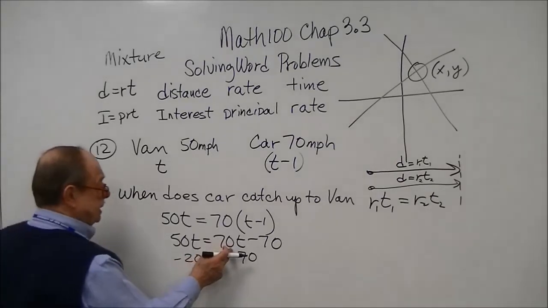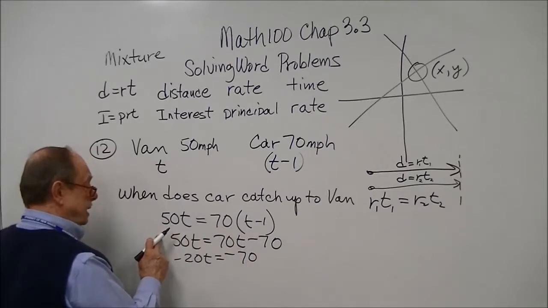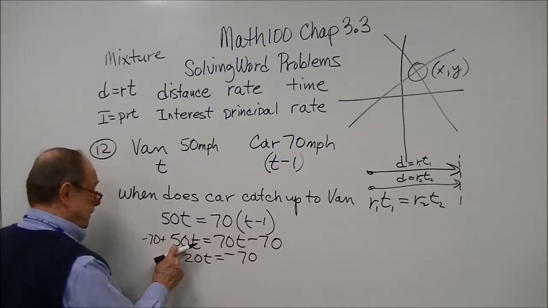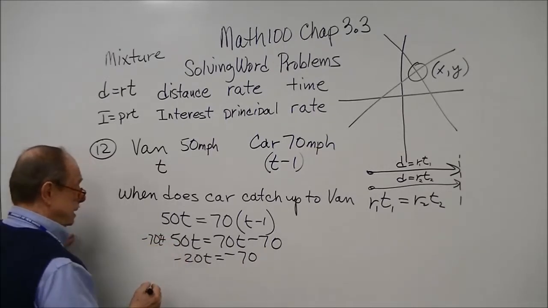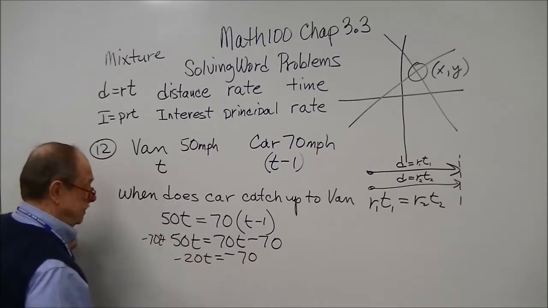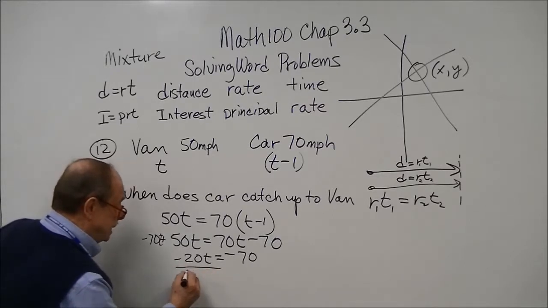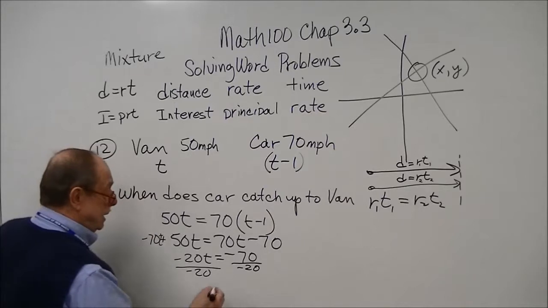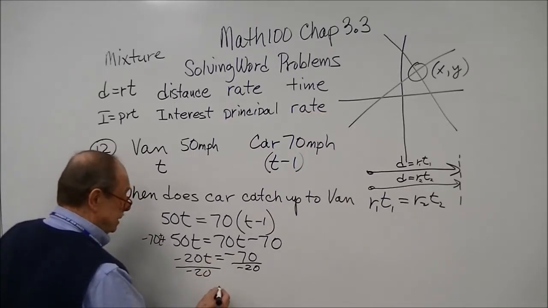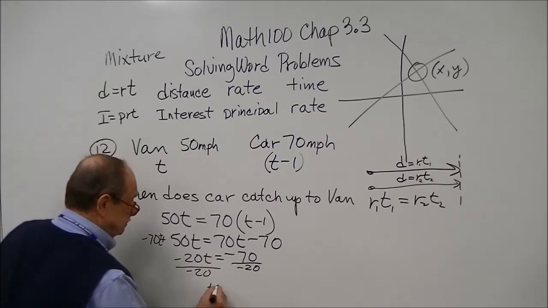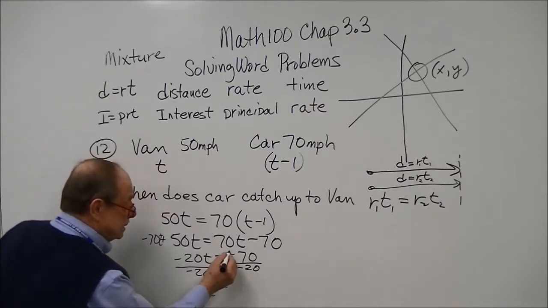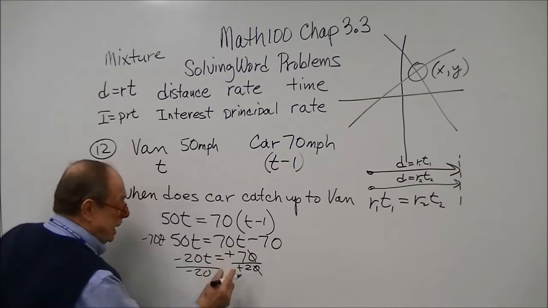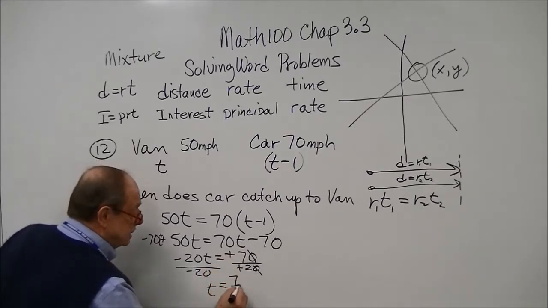So I'm transposing the 70 to this side. It becomes a negative 70 plus 50t gives me a negative 20t. Now I'm going to divide both sides by negative 20. And this gives me a positive. Notice this negative divided by a negative, and I can just cancel these out. I get time is 7/2.